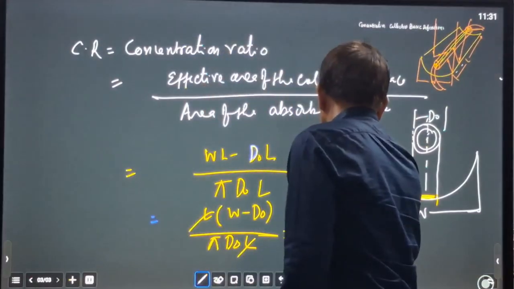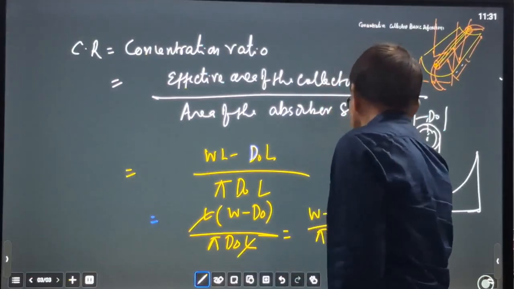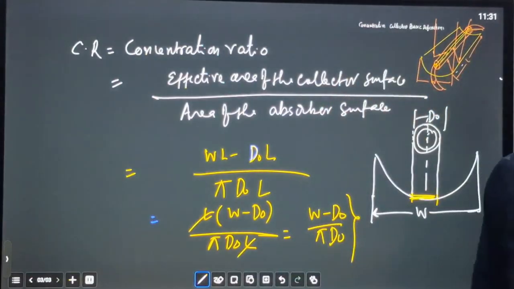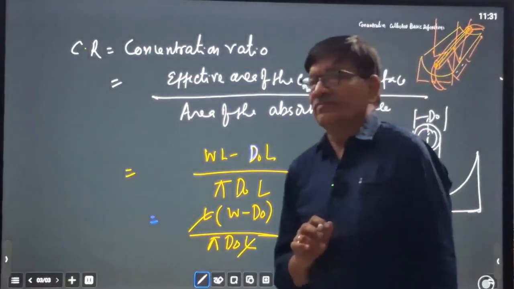So W minus D naught upon pi D naught. This is the concentration ratio, and this is a way of finding it.